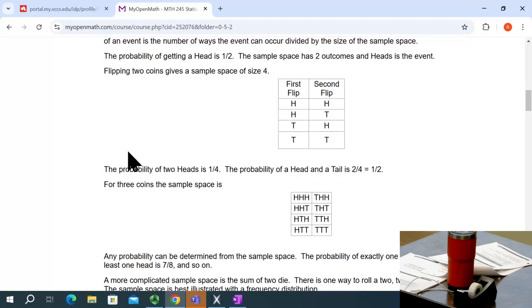A sample space is every way anything can happen for what my experiment is. And this is like flipping coins. We've got 2 coins. You can get a heads or you can get a tails. So the sample space, the range of possible events, is heads and heads, heads and tails, tails and heads, tails and tails.